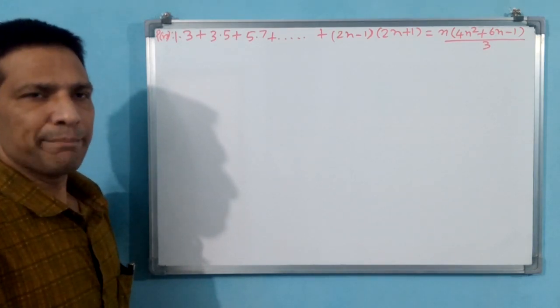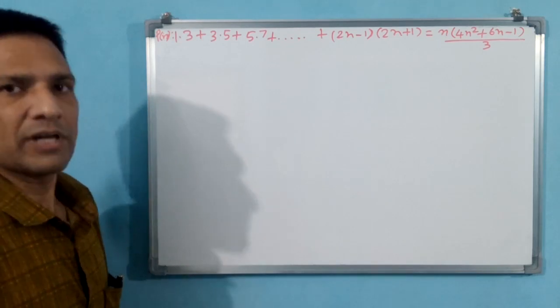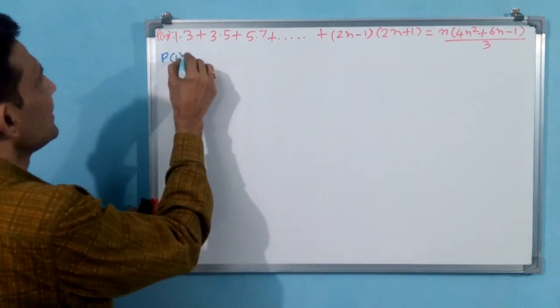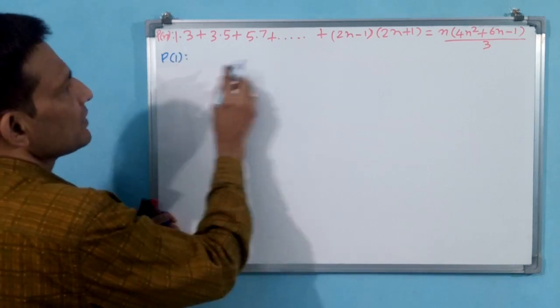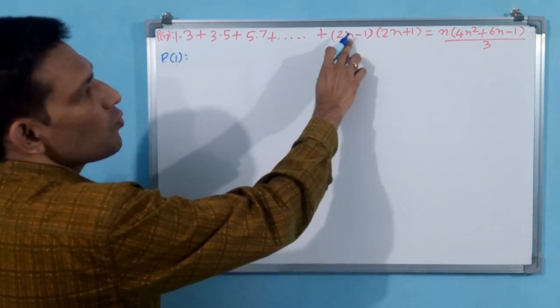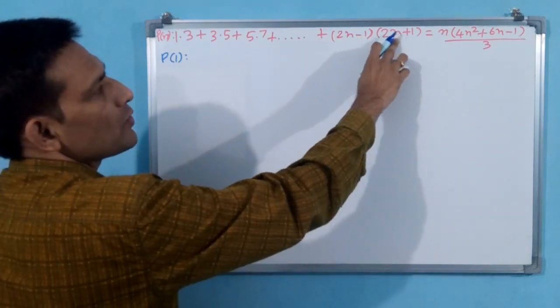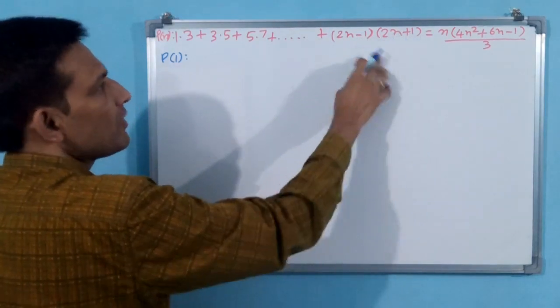Third step is P of 1. LHS is equal to RHS, you have to prove. You see P of 1: 2 into 1, 2 minus 1, 1; 2 into 1, 2 plus 1, 3; 1 into 3.